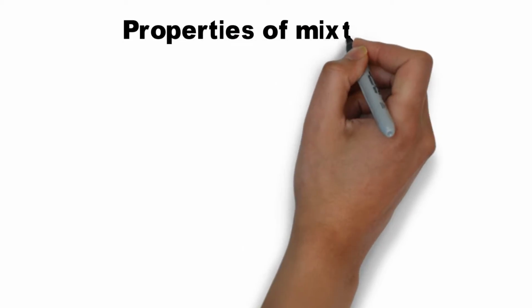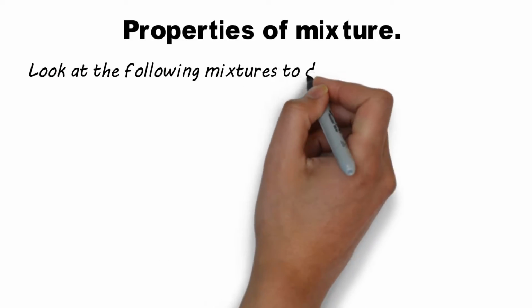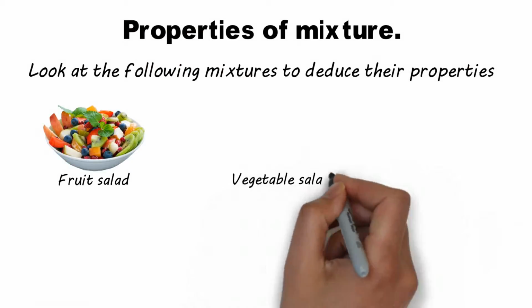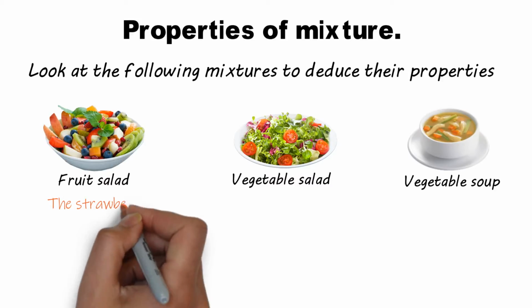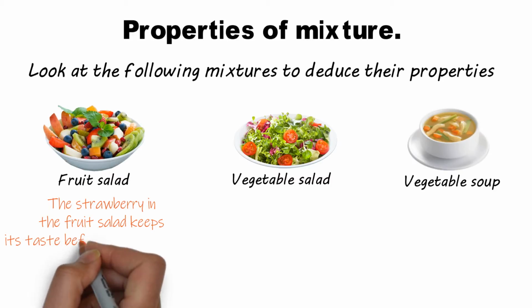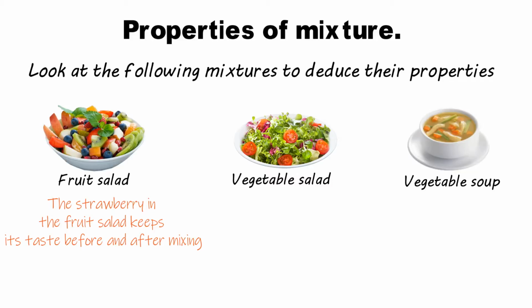The properties of mixtures. Let's look at the following mixtures to deduce their properties. We have the fruit salad, the vegetable salad, and the vegetable soup. Let's look at the fruit salad. The strawberry in the fruit salad keeps its taste before and after the mixing. So all of the components of the fruit salad keep their taste.